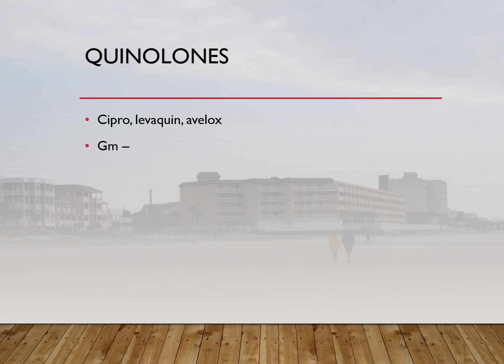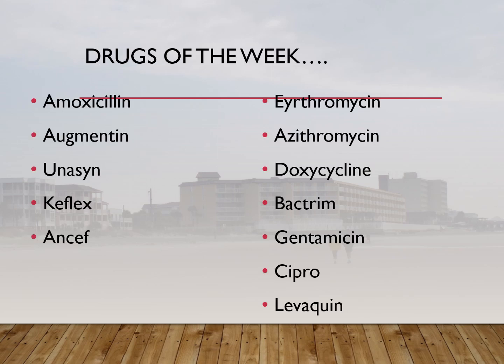Cipro really doesn't get into the lungs at all, talking about tissues that things don't penetrate into. Levaquin and Avelox really are great for getting into the lungs, so we sometimes refer to them as respiratory fluoroquinolones or enhanced fluoroquinolones. But those are good medicines for those types of infections.